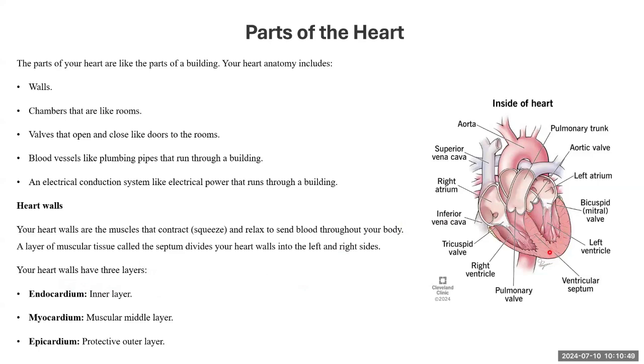Then there is the myocardium, the middle thick part of the heart, which contains muscles mainly. And then there is the epicardium, a very thin layer outside the heart that keeps it moist. These three are the main layers of the heart. The epicardium is also called the pericardium, which means the membrane enclosing the heart.